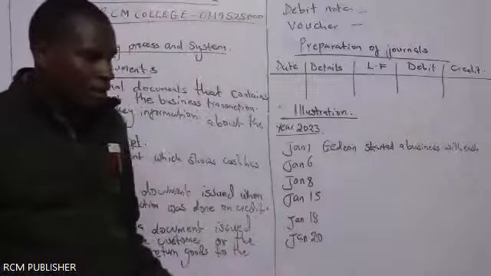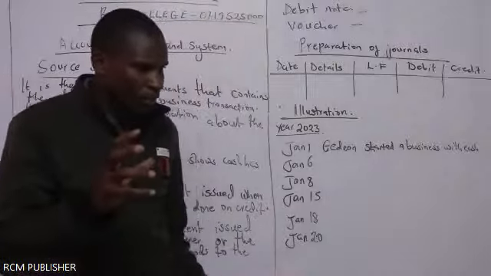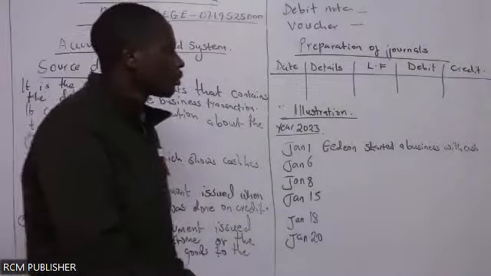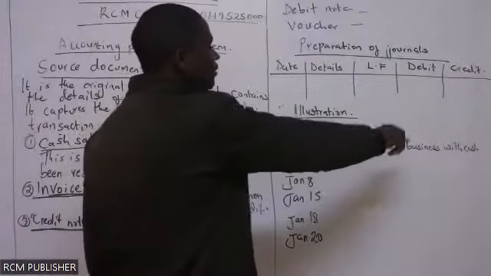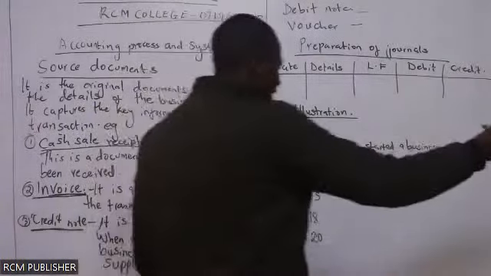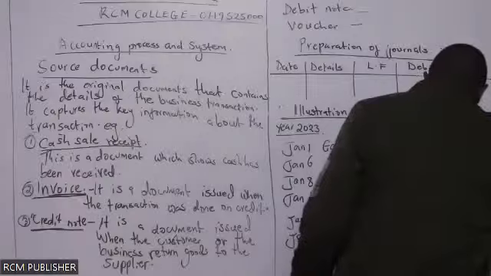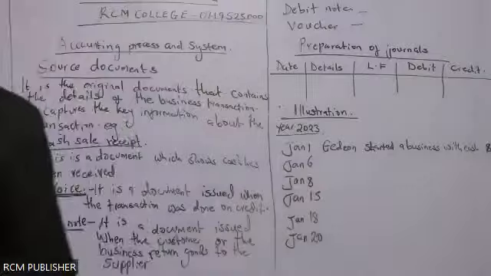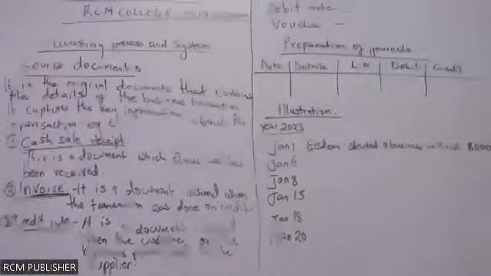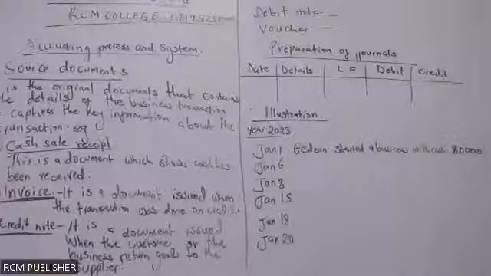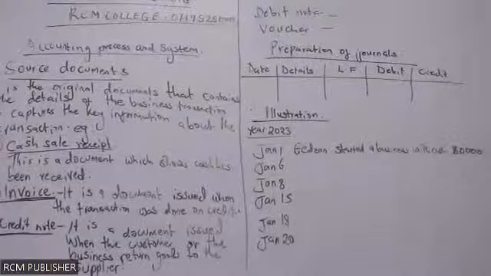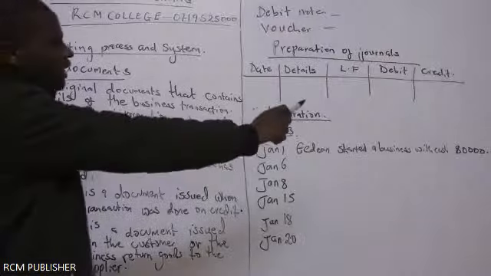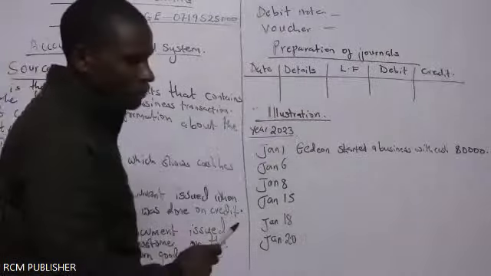I think there was a technical problem. Can you hear me? Okay, sawa. So Gideon started a business with cash of, let's say, maybe 80,000. I have to adjust my board. All right. Gideon started a business with a cash of 80,000.